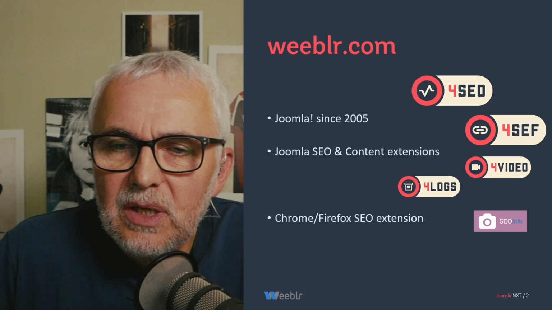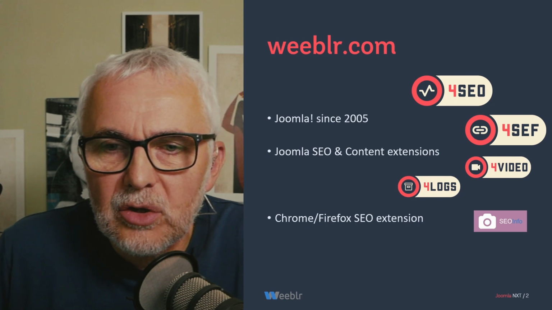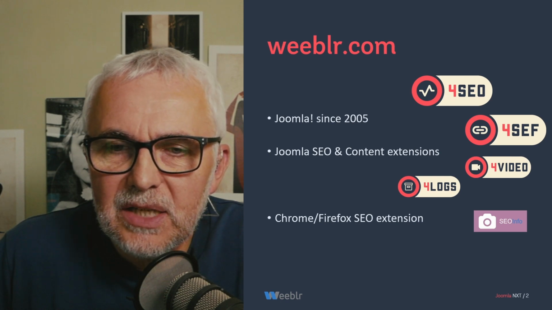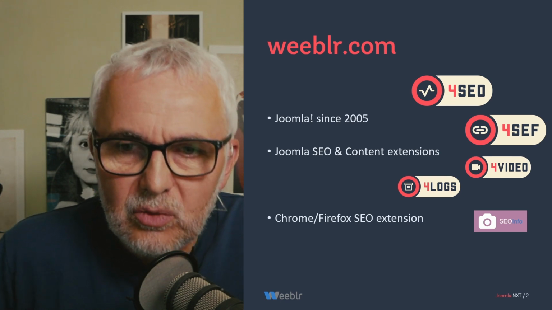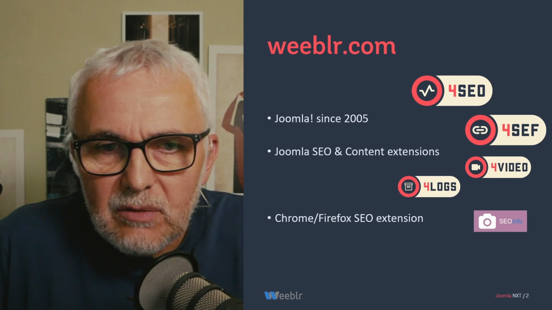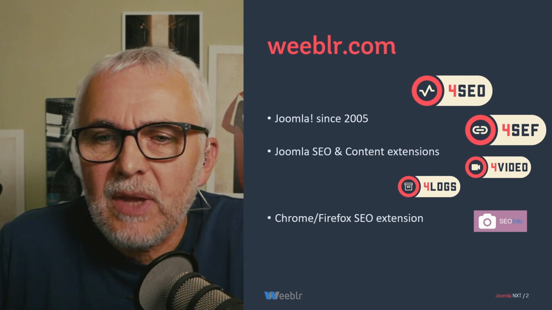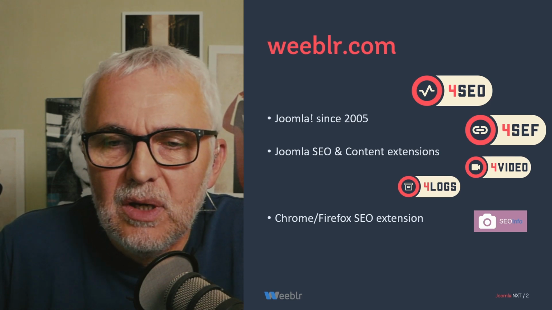On top of that, we now have 4Video and 4Logs, which are two free extensions, the most important one being 4Video, embedding videos into Joomla websites in a very efficient, very performant way.